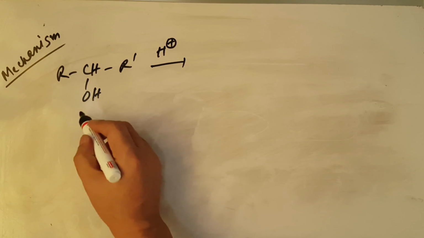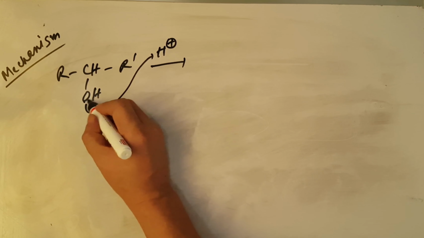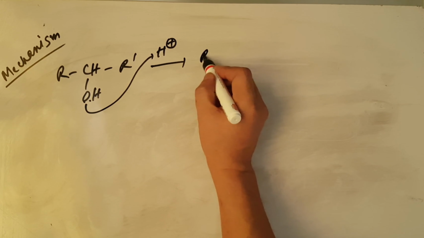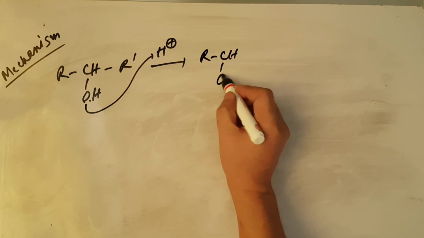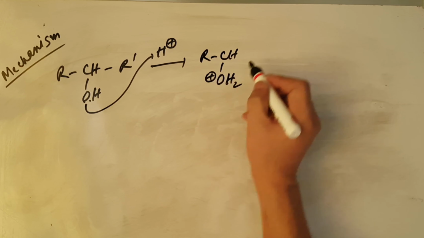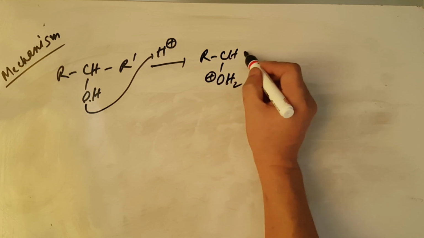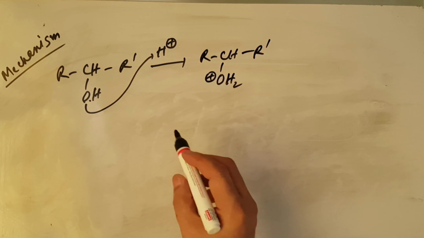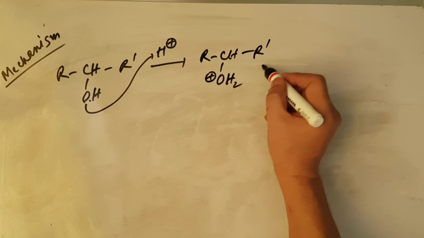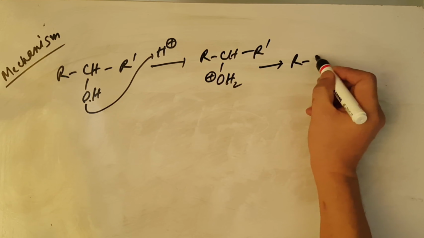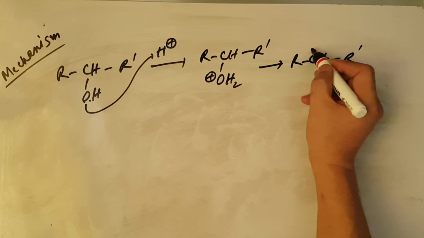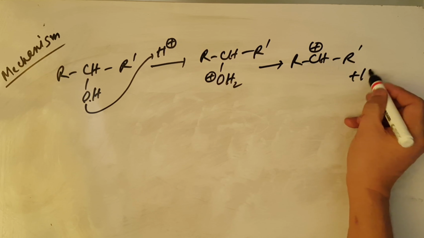In the presence of acid medium, it is always protonated, so it becomes OH2+. Now the secondary alcohol is protonated in the presence of acid. Then loss of water gives the carbocation RCHR' plus water.